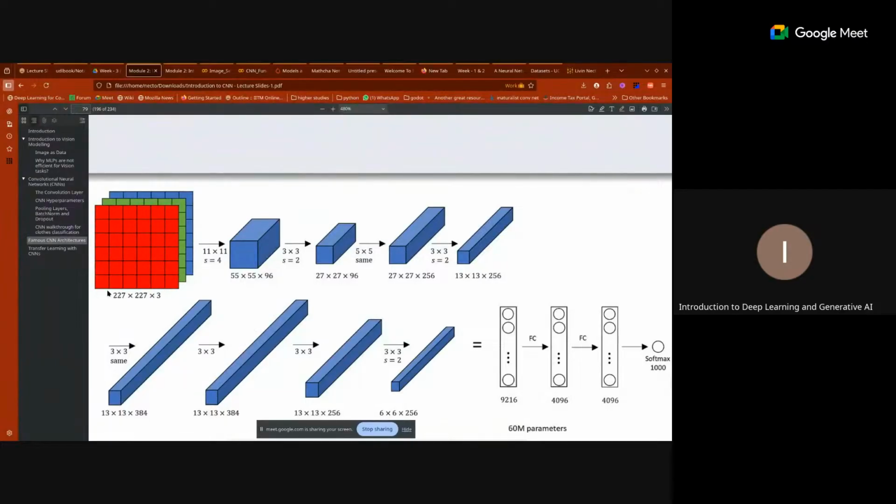First this 3 will be taken, then the second 3, and then the next 3. That's how a 1D convolution looks.